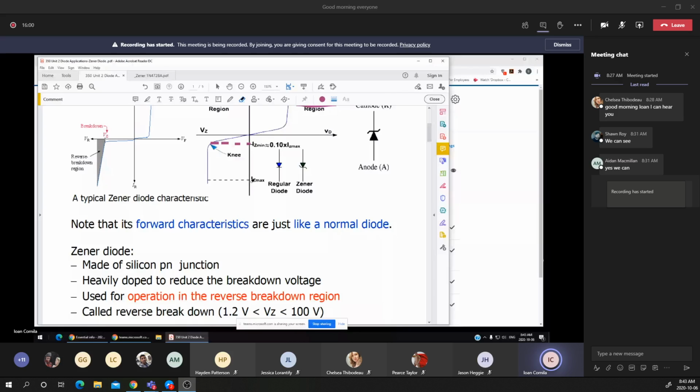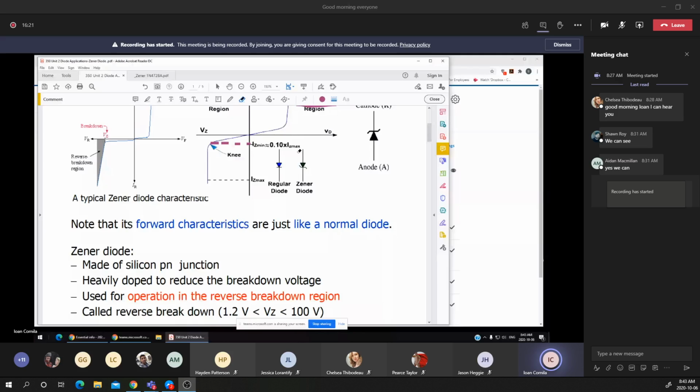a stabilizer or as a voltage regulator. It means that we are not using Z min, we are using IZK as the minimum current. Again, the question is how we can estimate, how we can calculate the minimum current.